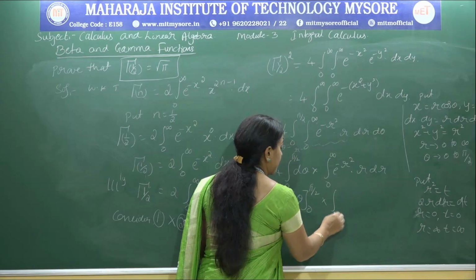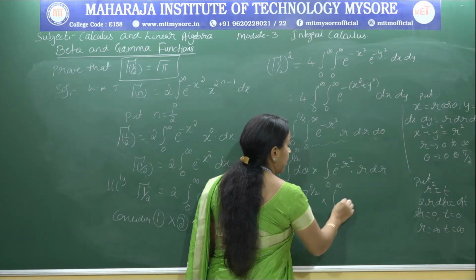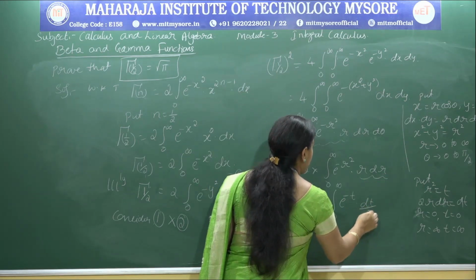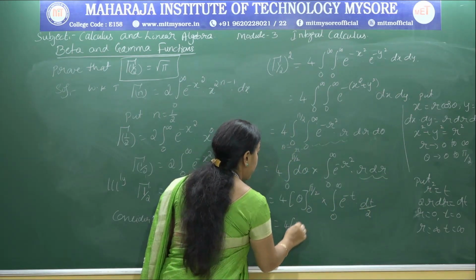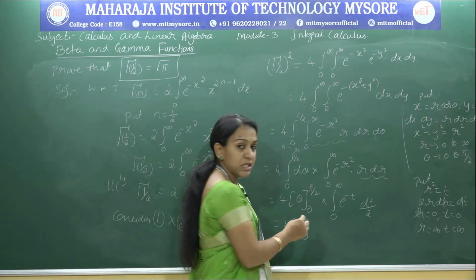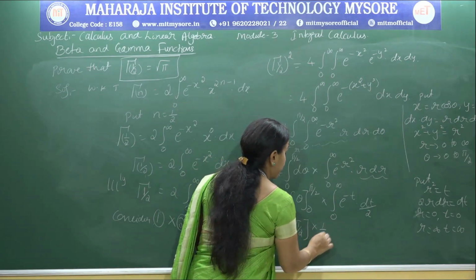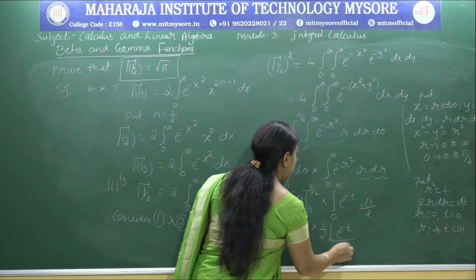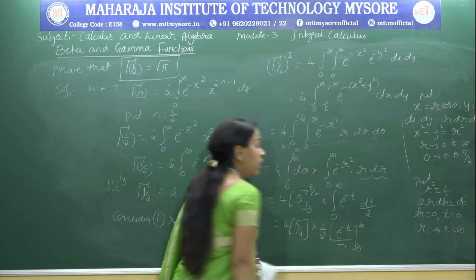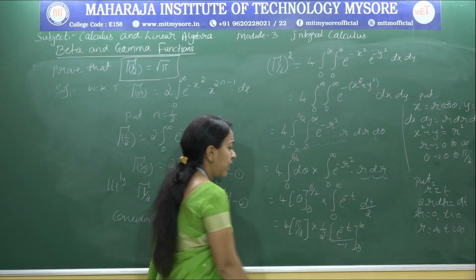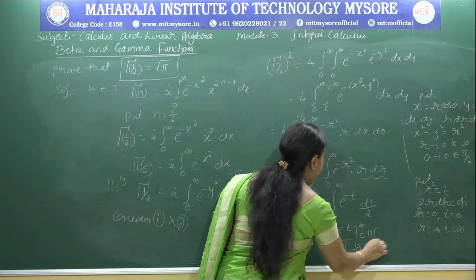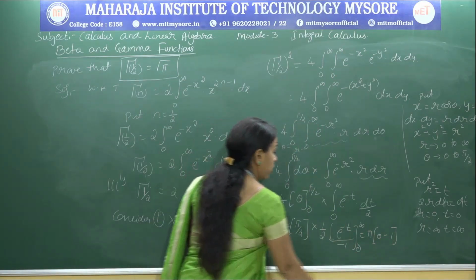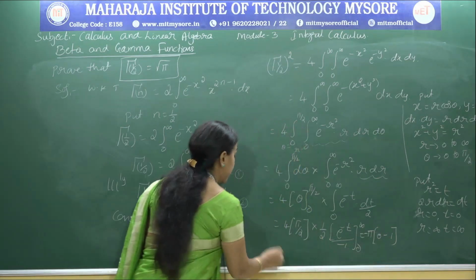So I can replace this as integral 0 to infinity e power minus t, r dr is dt by 2, or 4 times pi by 2, upper limit minus lower limit 0, into 1 by 2 times the integration of e power minus t, which is e power minus t by minus 1, between the limit 0 to infinity. So the 4 gets cancelled, we replace pi into upper limit 0 lower limit 1. So minus of minus, plus pi.